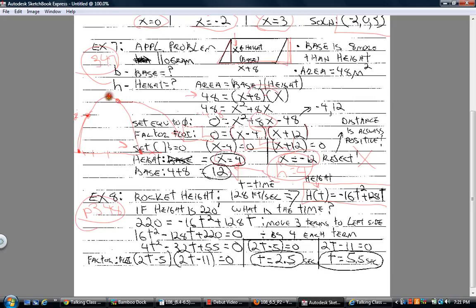It hits the top at the vertex. That's the highest point. Gravity takes over. It again is going to hit 220 feet on the way down. So you're looking for 2 sets of times. Okay, so how can we get that? Well, once you kind of understand what's going on here, the height is 220. You're given a quadratic equation, so now you ask yourself, can you solve for t?